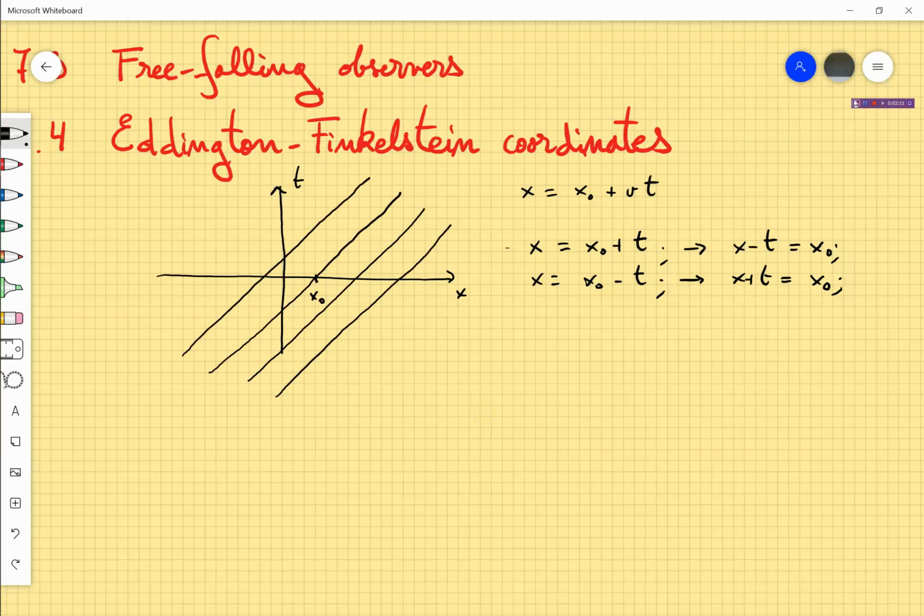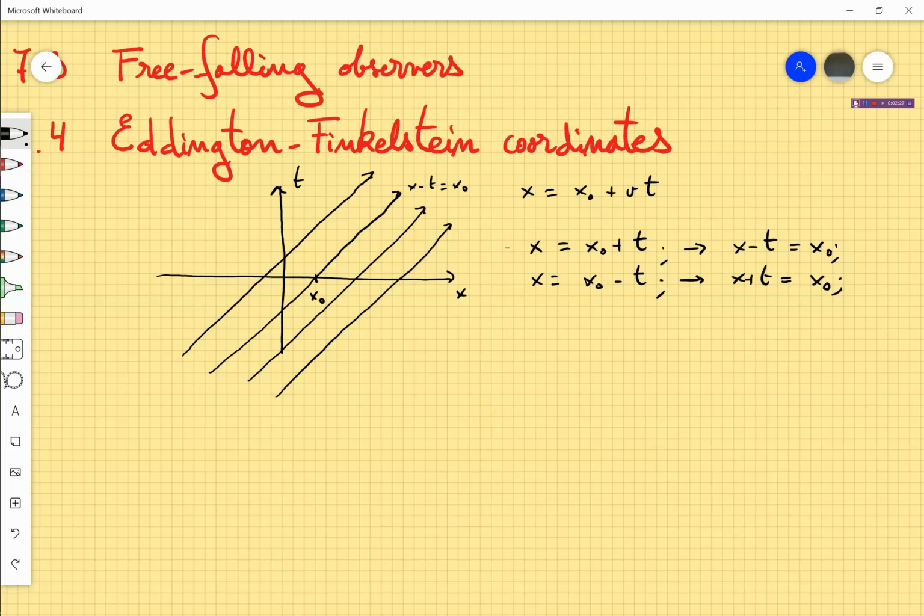We can write this as x minus t equal to x0, just to remind ourselves what these lines are. They are directed this way if t moves forward.